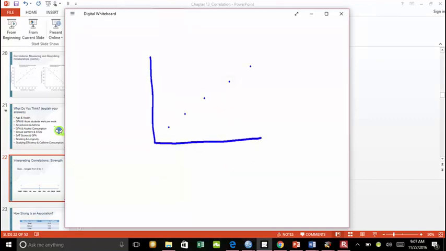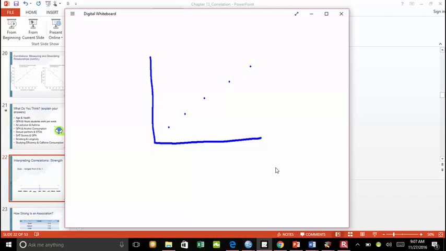Every single dot falls perfectly on a line. Now, how often does that happen in psychology? Pretty much never, right? Human behavior is much messier and much more difficult to predict. We don't usually get things like this.